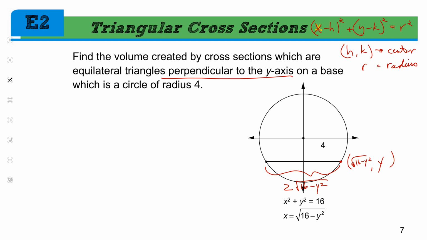Okay, good. For those of you that had good geometry teachers, do you remember the way to find the area of an equilateral triangle that's not one half base times height?